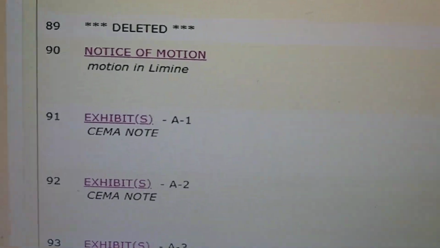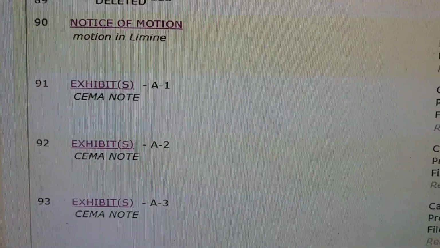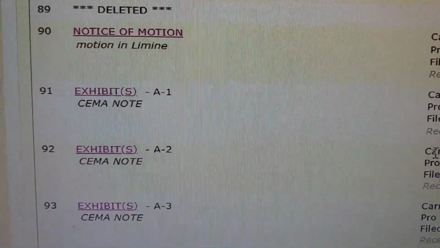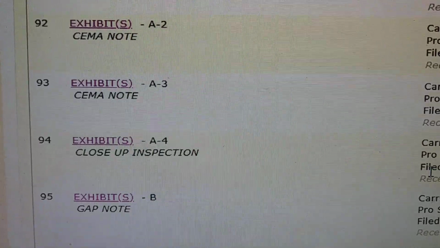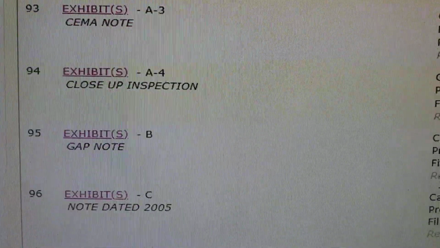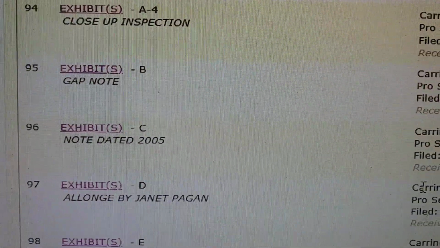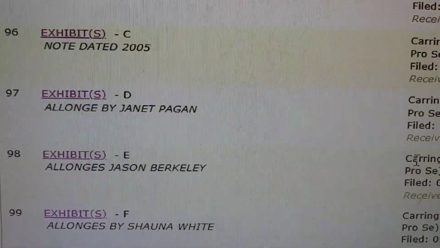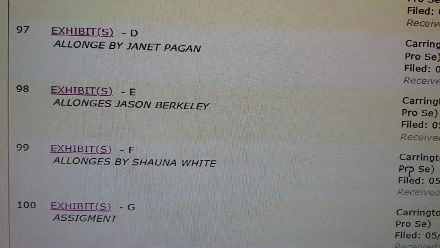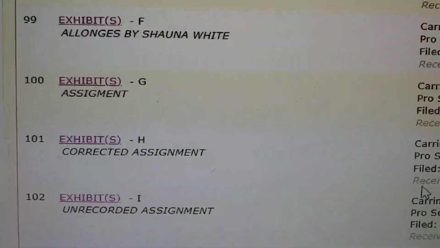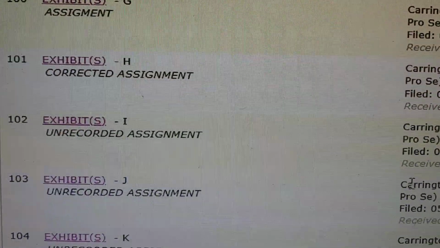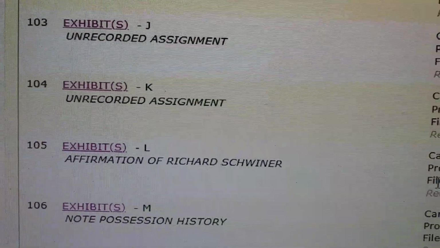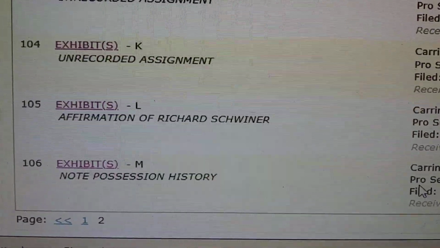The exhibits are the SEMA notes 1, 2, 3, the 3 forged SEMA notes that we've talked about in previous videos. And then you can see the close-up inspection is number 84, the gap note, the note dated 2005, allonges by Janet Pagan, allonges by Jason Berkeley, allonges by Shauna White, assignment, corrected assignment, unrecorded assignments, affirmation of Richard Schweiner, note possession history.